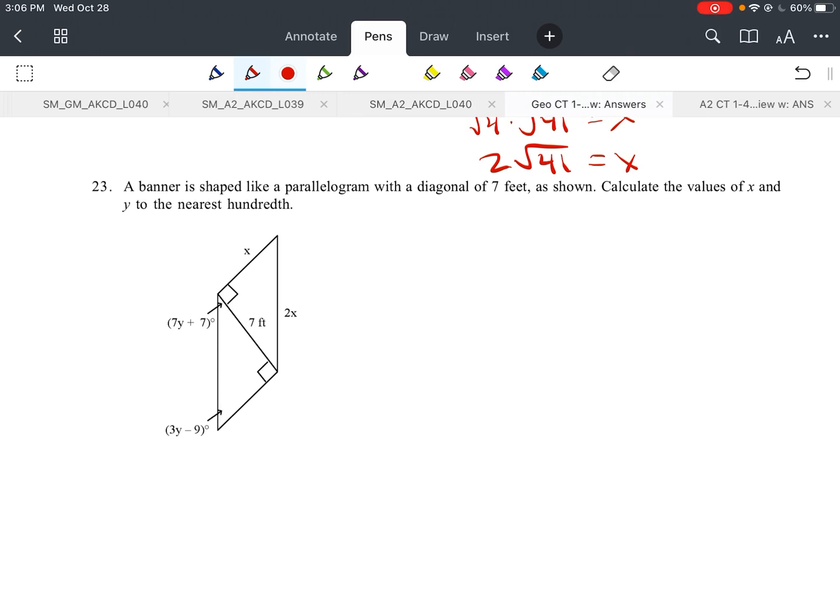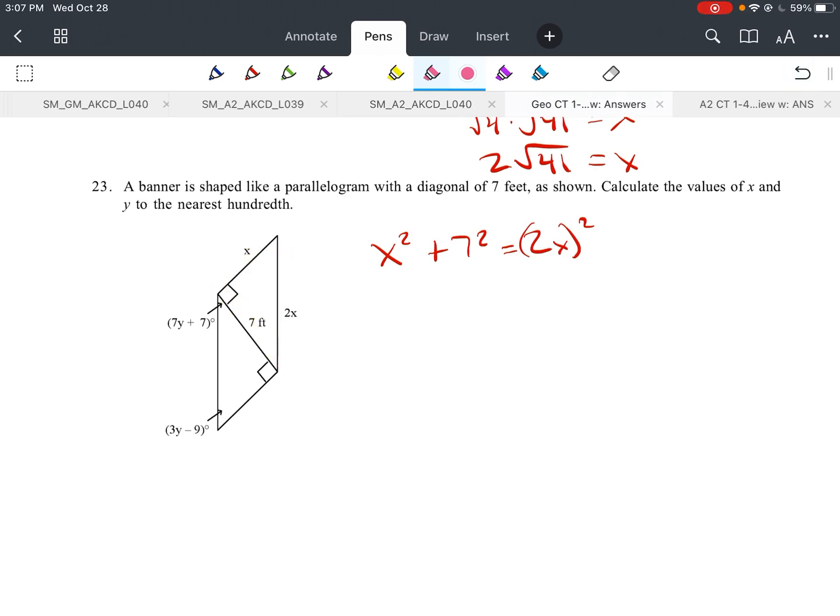You've got a parallelogram, and we have to calculate the values of x and y. It's situational here, but you've got a right triangle with the 3 sides you're focusing on. So it's x squared plus 7 squared equals 2x squared. A squared plus b squared is c squared.